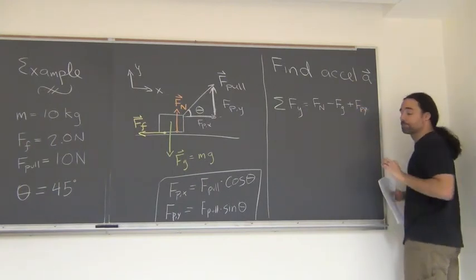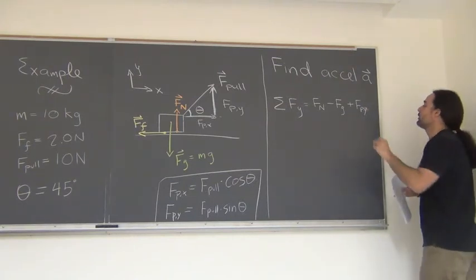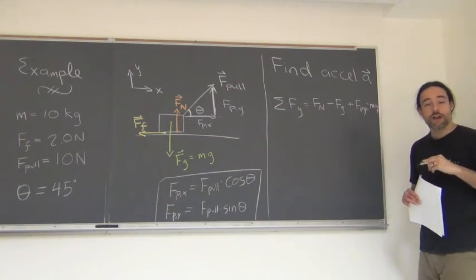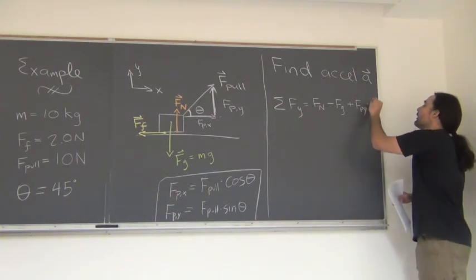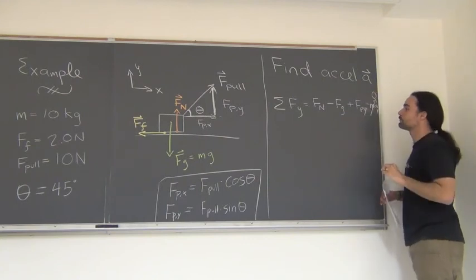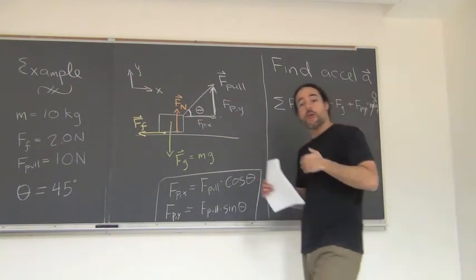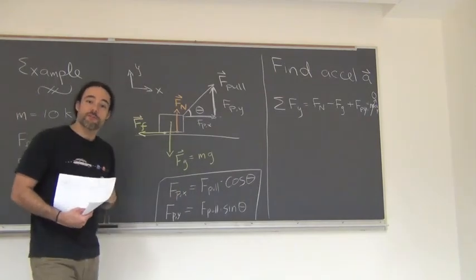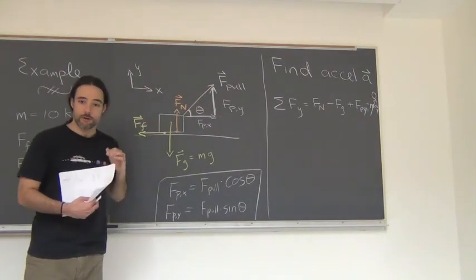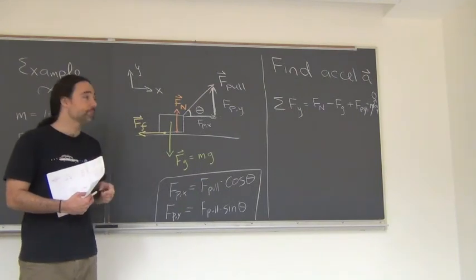And that would have to equal the mass times the acceleration in the y direction. In this case, we know it's not leaving the ground, so this would have to be 0. So that's how we would sum up the forces in the y direction. I just look at all of the forces that point straight up and down, and I sum them up.